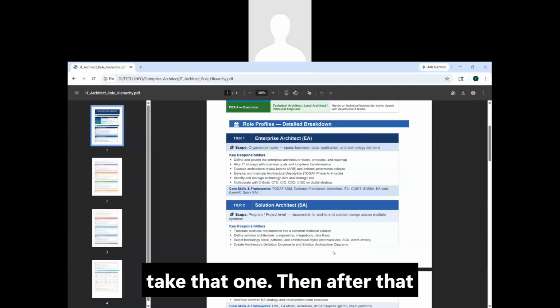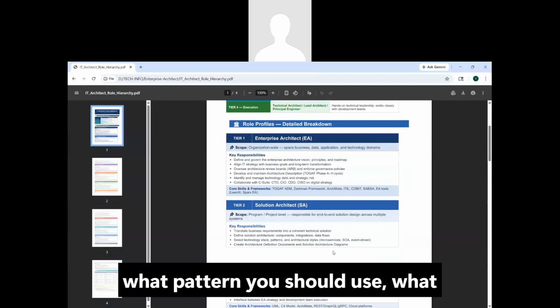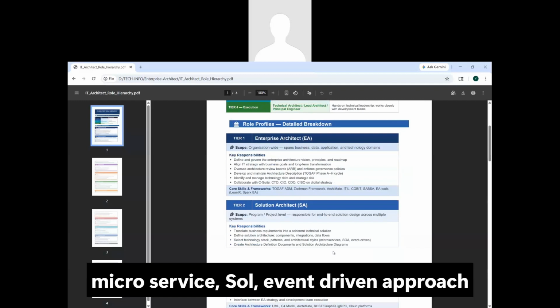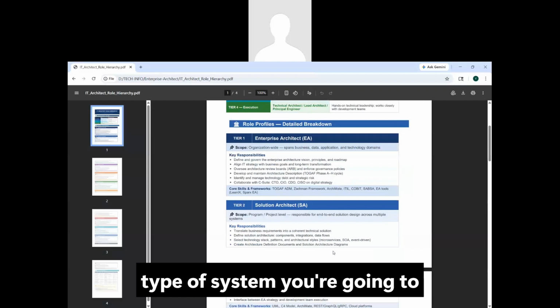Then he will decide the technology stack, what patterns he should use, and what architectural styles, which can be microservices, SOA, or event-driven approach, based on what type of system you are going to develop.